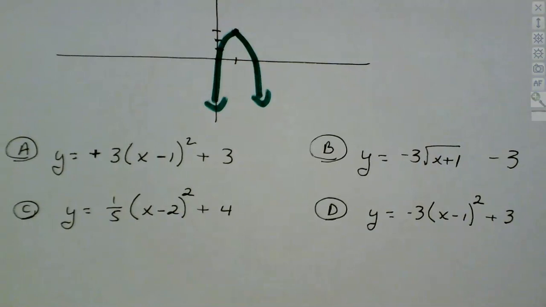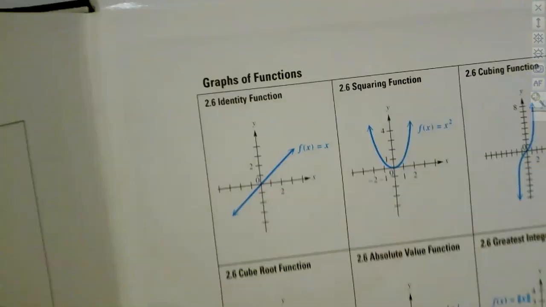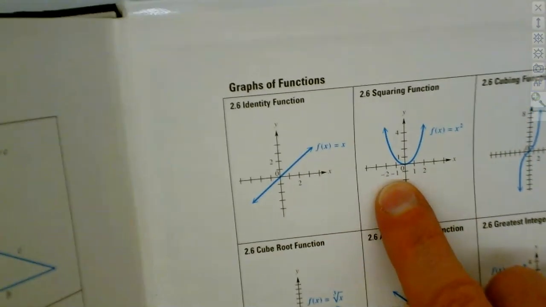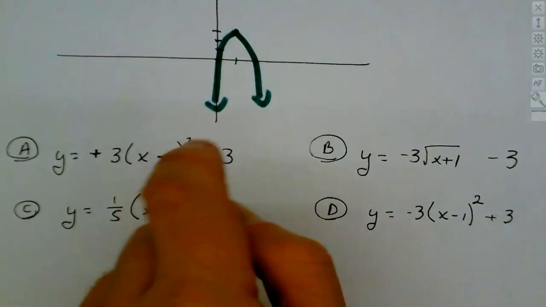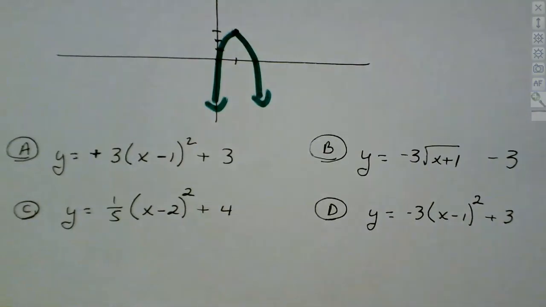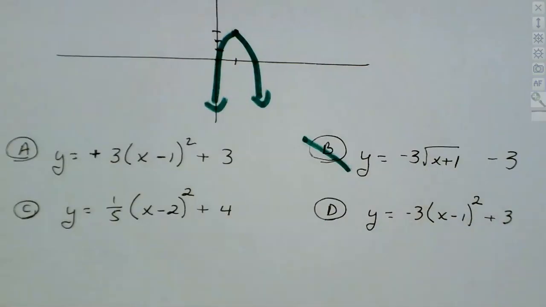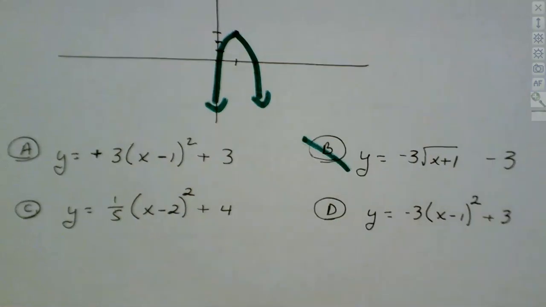Yep, square root, right? Why can I eliminate the square root? Because what does the graph have in it? It's a U. And if it's a U, that means it has to look like this, doesn't it? Ours looks like that. So obviously we can get rid of B. Now, which others can I eliminate?